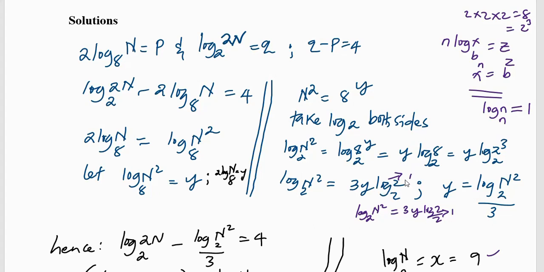So I've said this log 2 base 2 can reduce to 1, so that I remain with y, which is equal to log n squared base 2, and everything out of 3, because I've made y the subject of the formula.